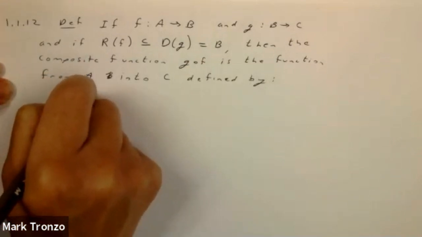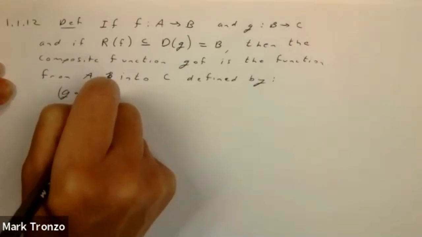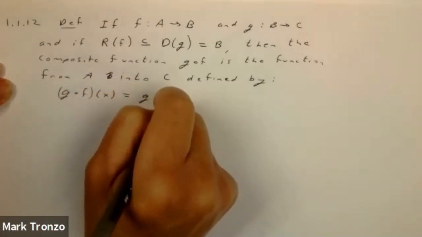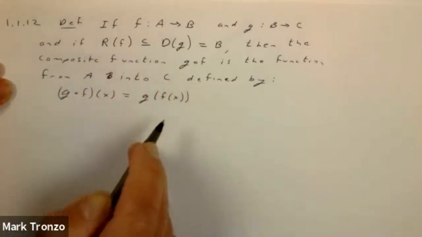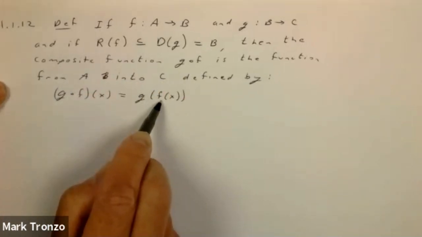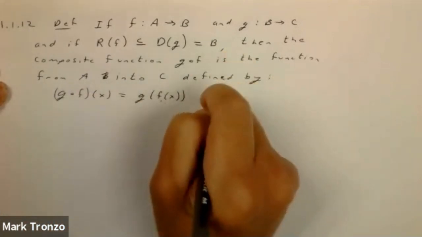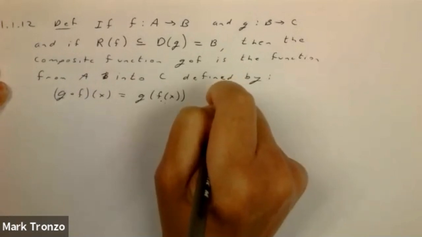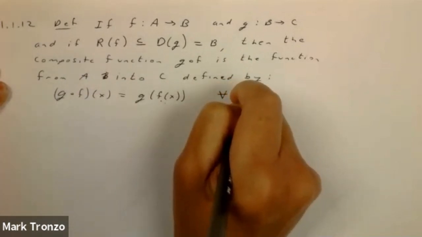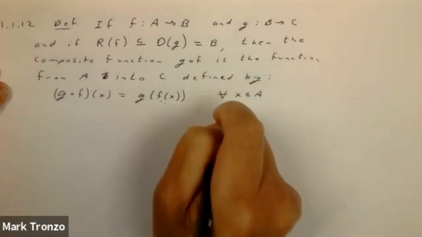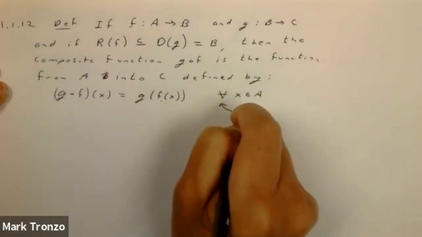This is just that composite. You've probably had that way back somewhere. And that's really just saying that you're going to put values of x into your function f(x), and then put that output into the function g, for all x in A. And you'll sometimes see this notation that means just for all.